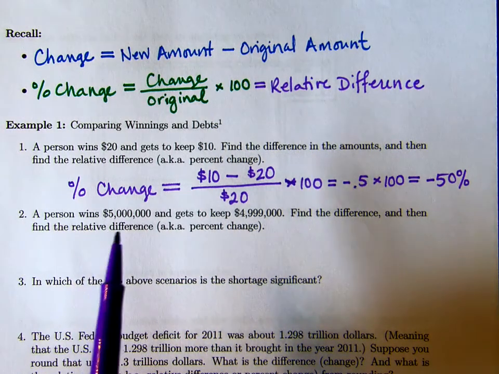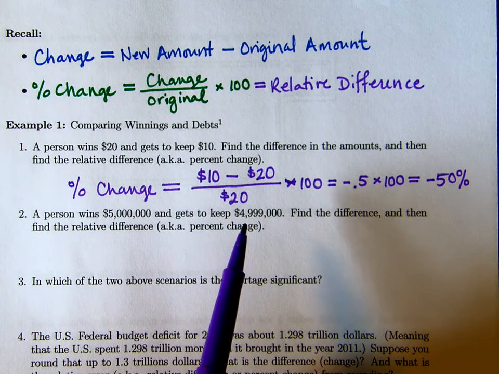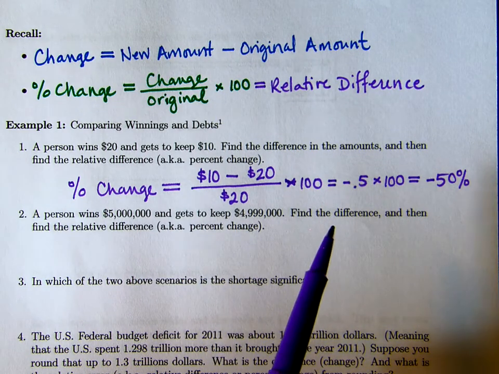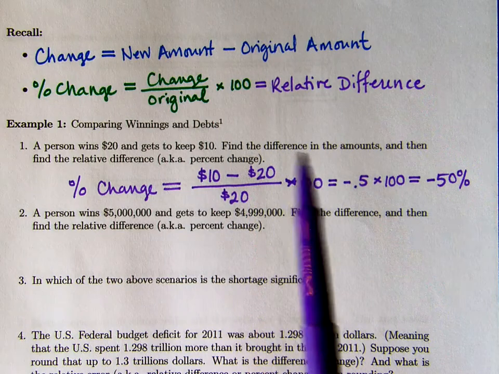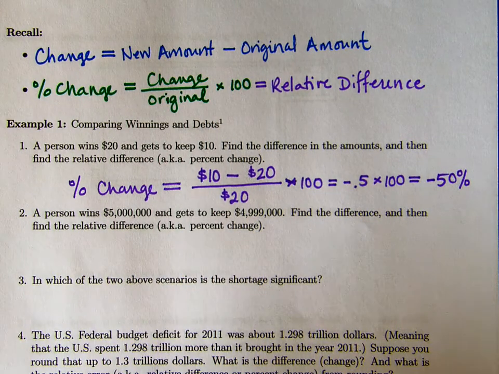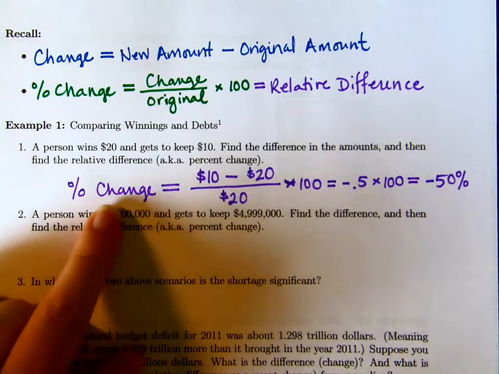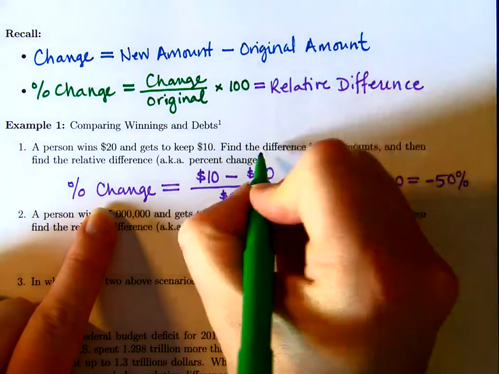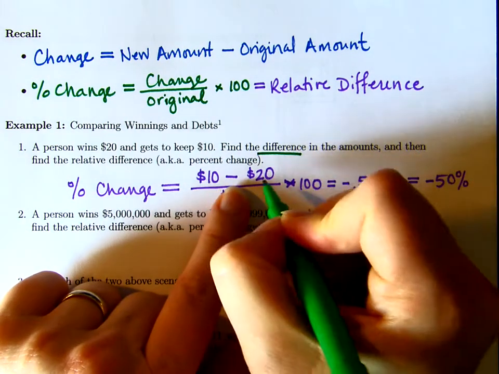A person wins 5 million and gets to keep 4,999,000. Find the difference and then find, oh, wait a minute. I should have done that here too. Find the difference in the amounts and then the relative. Okay, hold on. So here's the relative difference, the percent change, but the difference was just the pure change, which is this numerator.